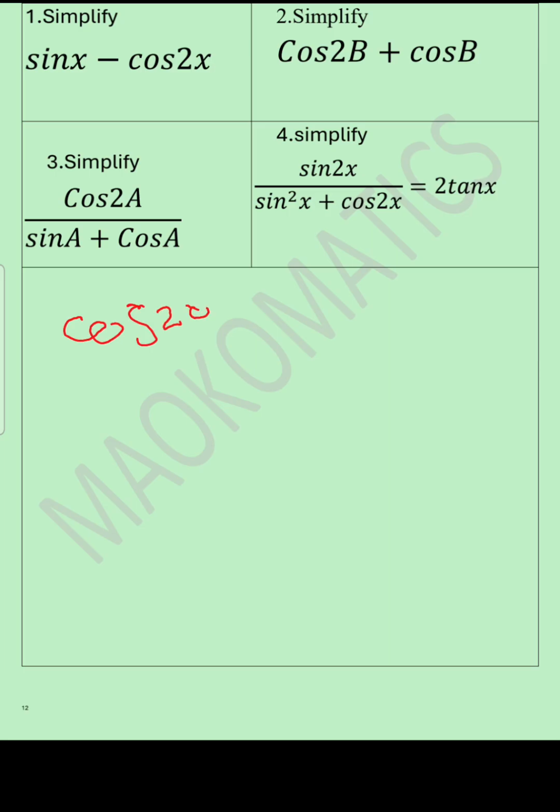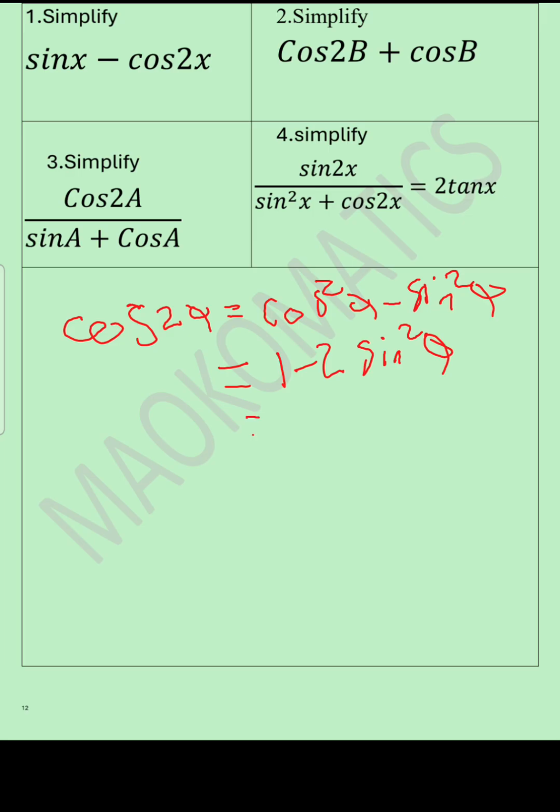Cos 2 alpha is equal to cos squared alpha minus sine squared alpha. It has identity number 2, which is 1 minus 2 sine squared alpha. And it has identity number 3, which is 2 cos squared alpha minus 1.